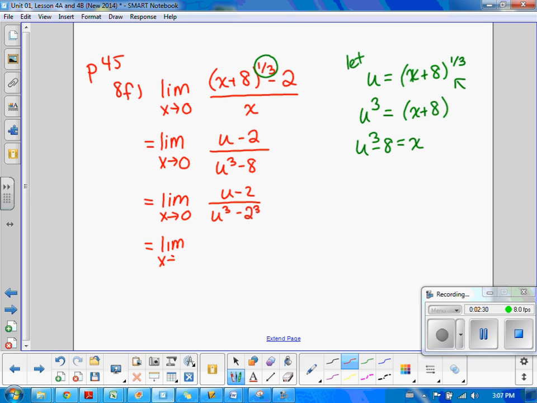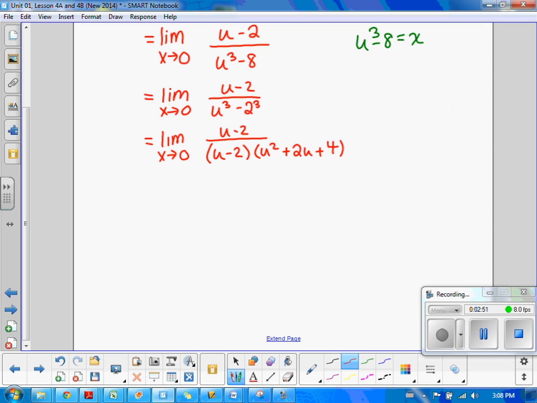Using a difference of cubes, we can factor that denominator. It ends up being u minus 2 and u squared plus 2u plus 2 squared, which is 4.